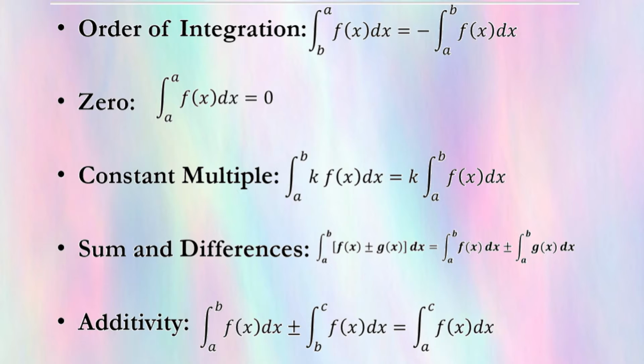For sums and differences, if it's plus, then we add the integrals of f of x and g of x. If it's minus, then we subtract, of course. For additivity, if the first function goes from a to b, and the second function goes from b to c, then generally we just evaluate the integral of f of x dx from a to c.